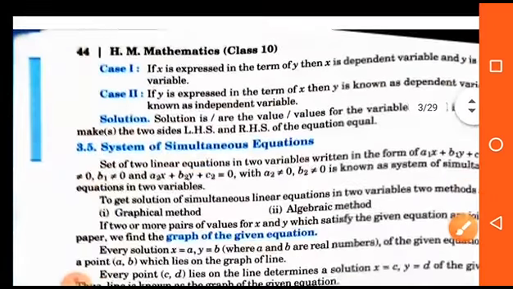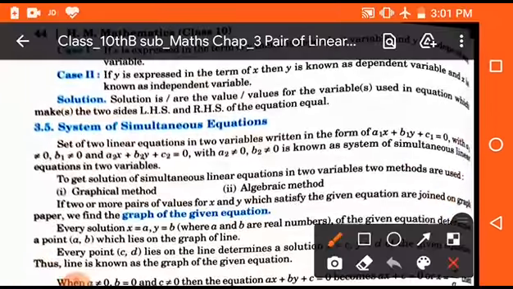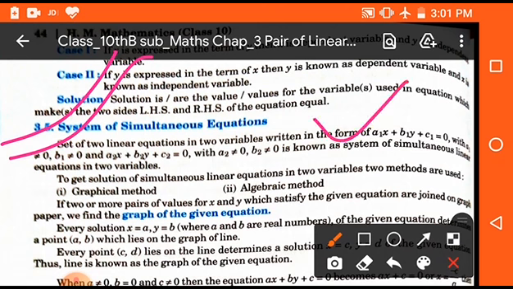Now students, we will discuss the system of simultaneous equations. A set of two linear equations in two variables is written in the form a1x plus b1y plus c1 equals 0 and a2x plus b2y plus c2 equals 0, where a1, b1 and a2, b2 are not equal to 0.